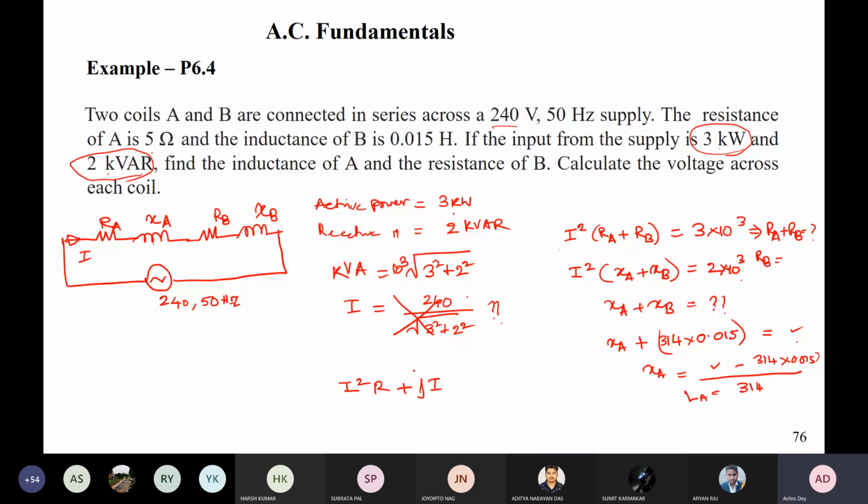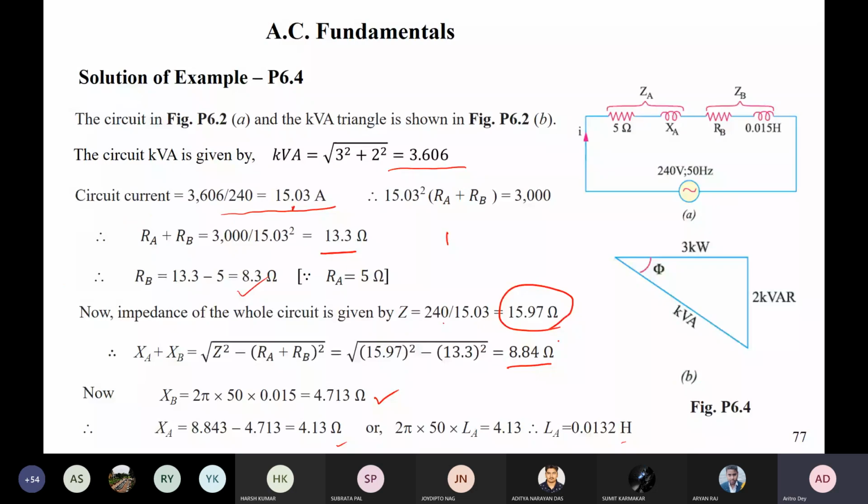I have written it the other way around because voltage into current will give you the instantaneous power. If you divide with 240, then you will get the solution, which is supposed to be your 15 point something. 15.03.